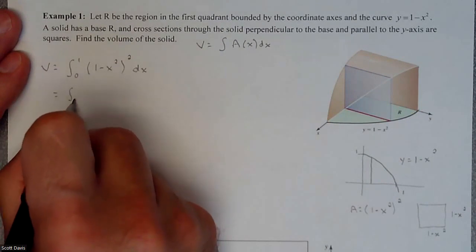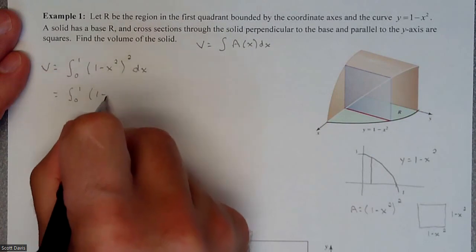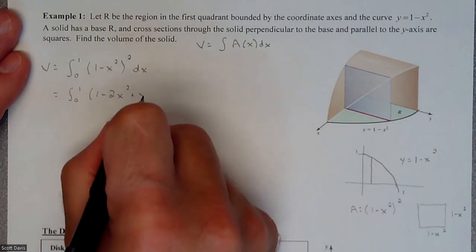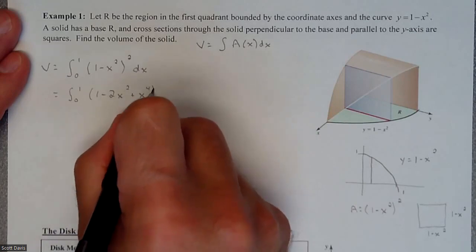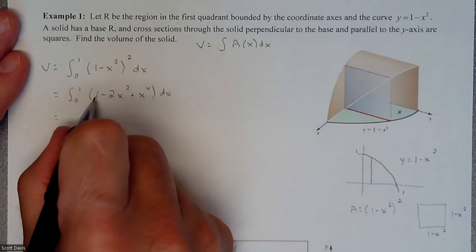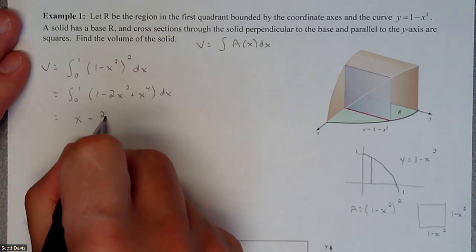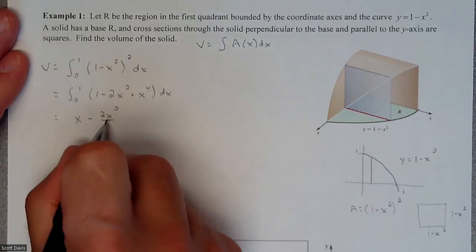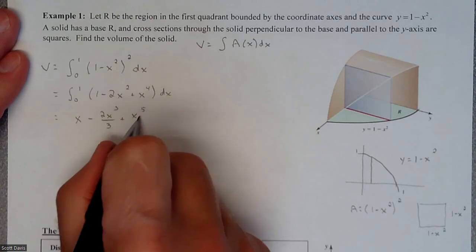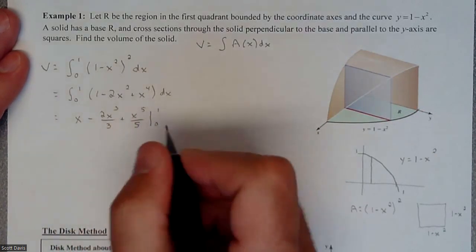So from 0 to 1, if we multiply this out, we have 1 minus 2x squared plus x to the 4th dx. And let's do the antiderivative. If we add a power, we turn it into x minus 2x cubed over 3 plus x to the 5th over 5, from 0 to 1.